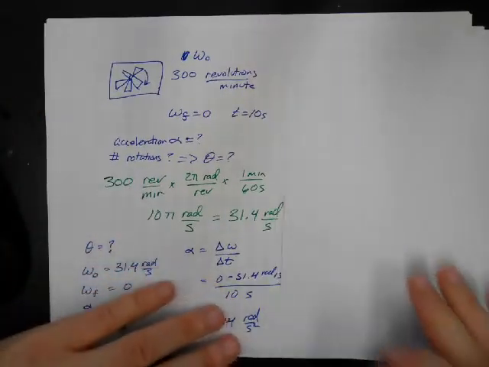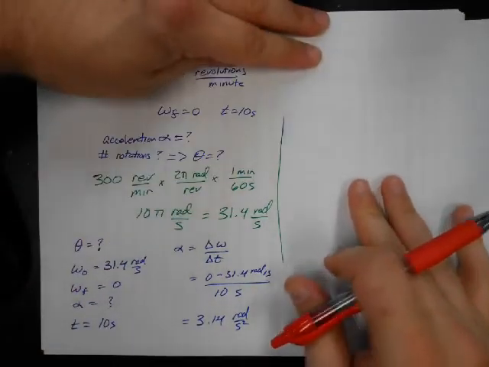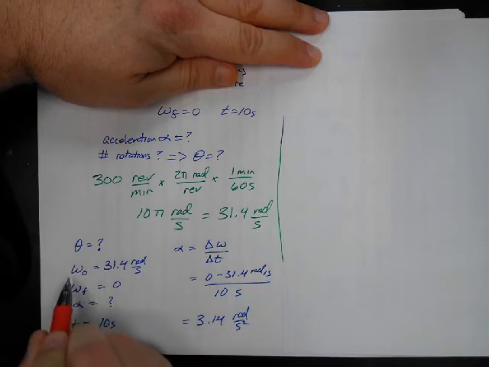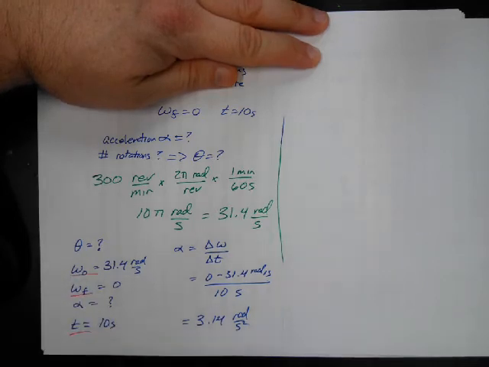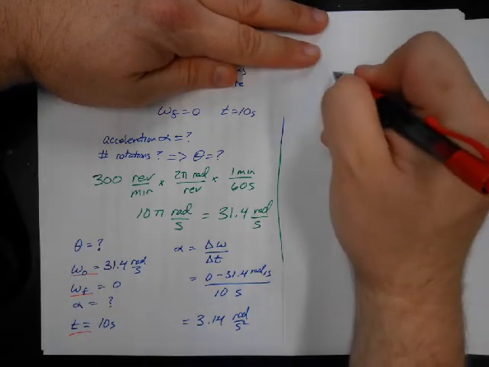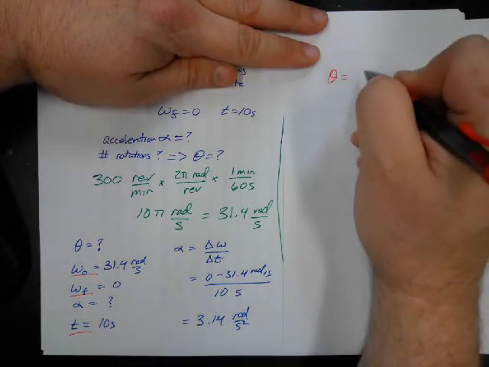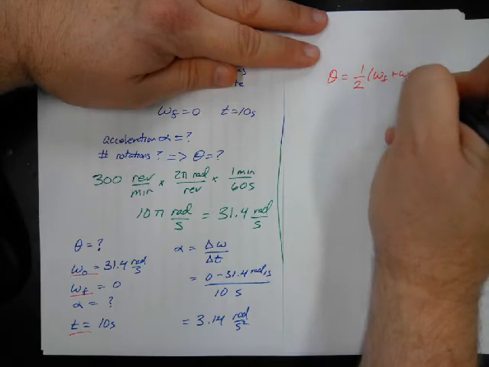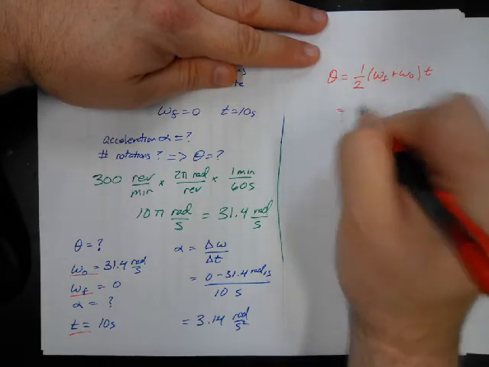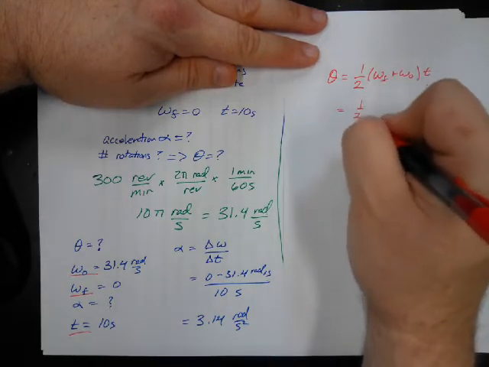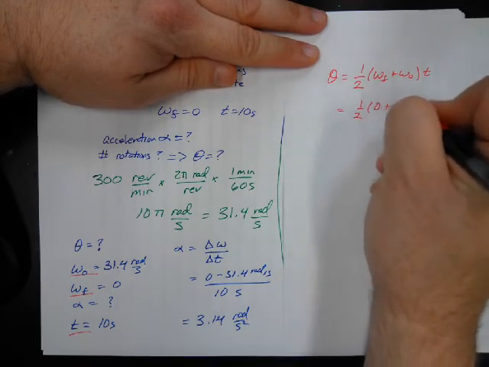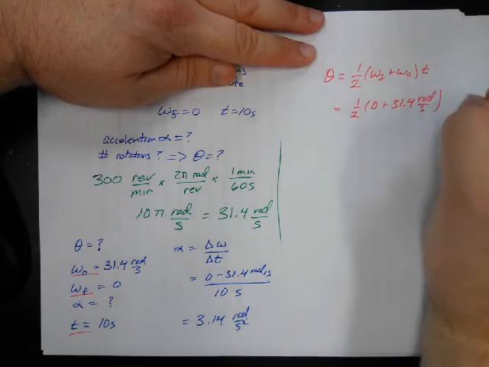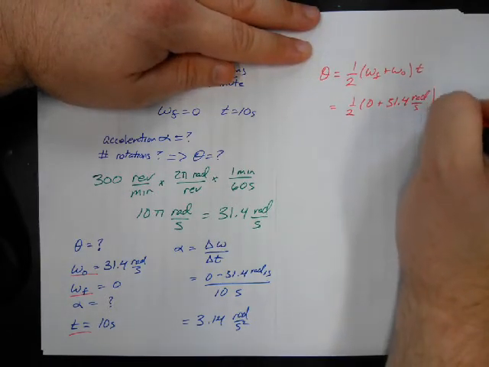Given that we have these three things, our angle is going to be our average velocity times our time. This is going to be 1/2 of 0 plus 31.4 radians per second, times our time, 10 seconds.